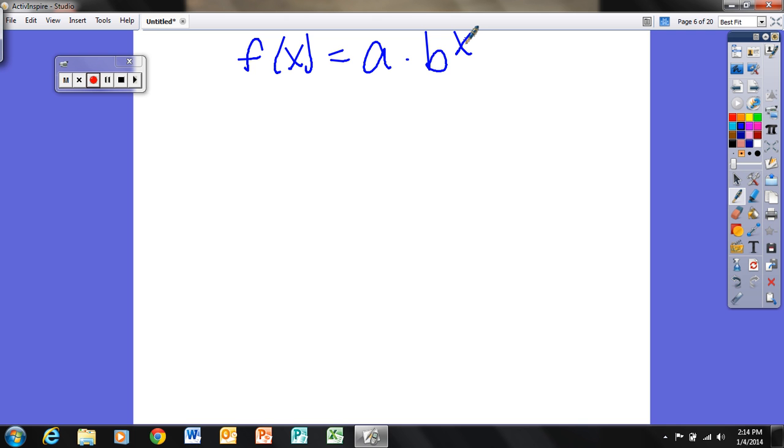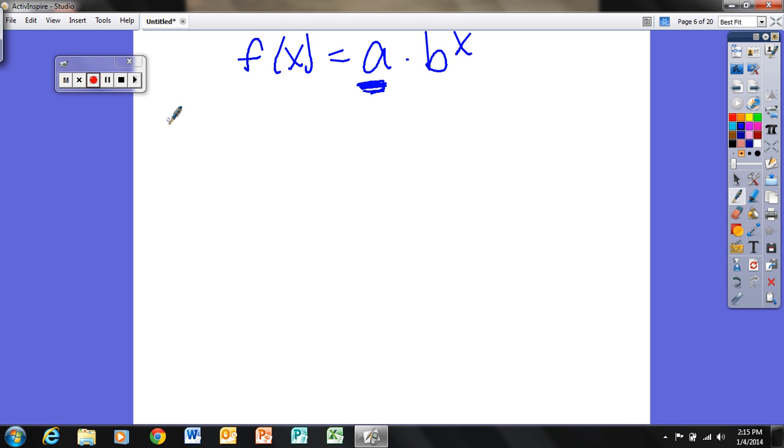When we talk about exponential growth, remember our a value is always going to be bigger than 0. We said right in the beginning, the very first notes we took said that the a value is always non-zero. So in this case, we want to have positive a values in order for this to work.